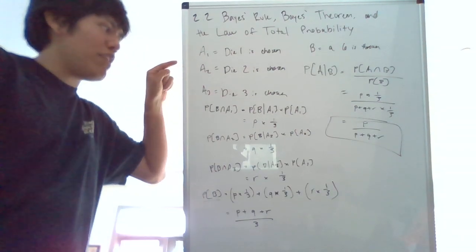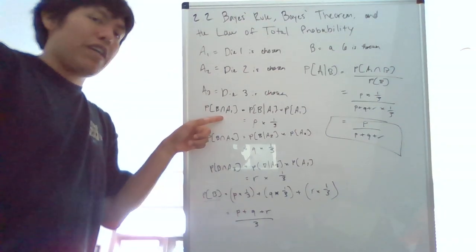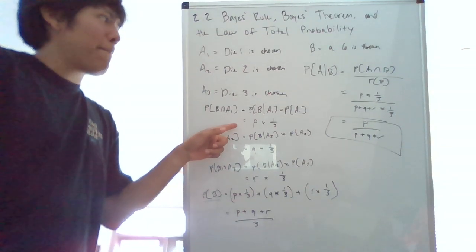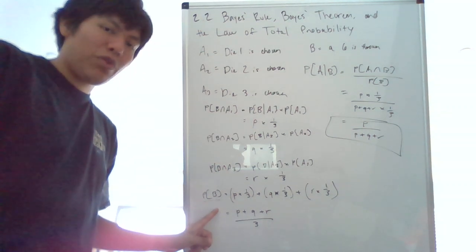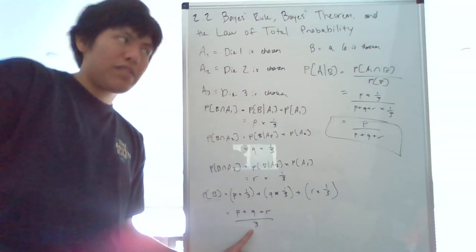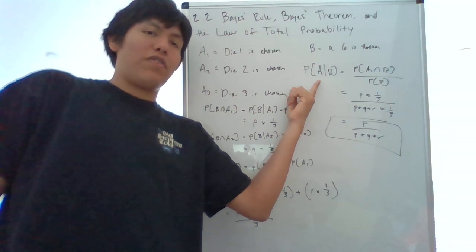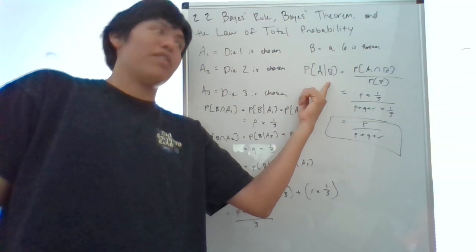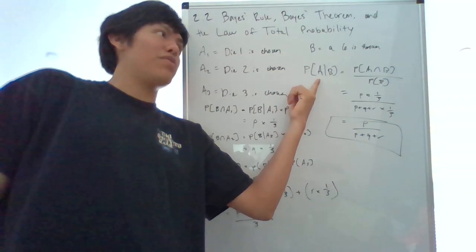So we have to find each individual intersection from each die, and then at the end, to find the total probability of B, we add up those intersections. What we're trying to solve for in the extended form of Bayes' theorem is A sub 1 given B. That A sub 1 is very important, especially in the extended form.